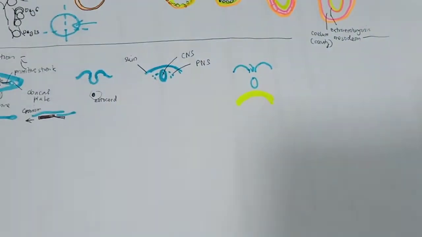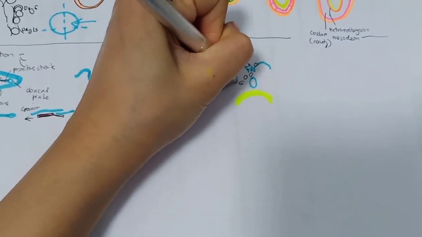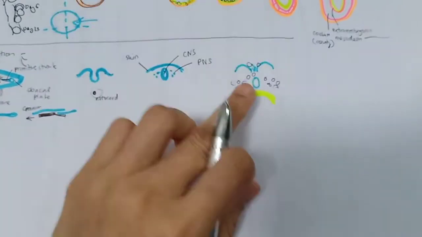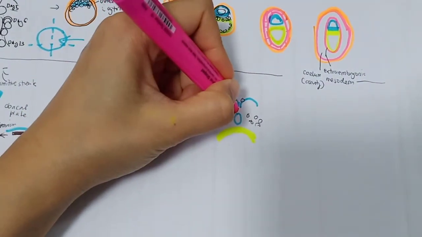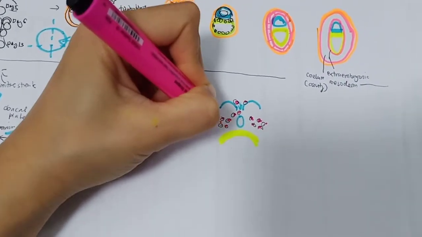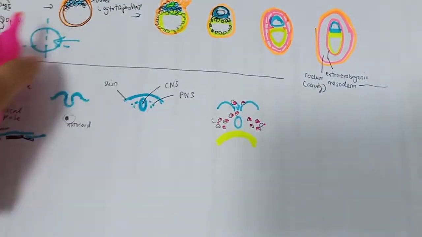So there will be more cells influx here. It will fold and influx, occupying this space. And later, it will form the intraembryonic mesoderm.